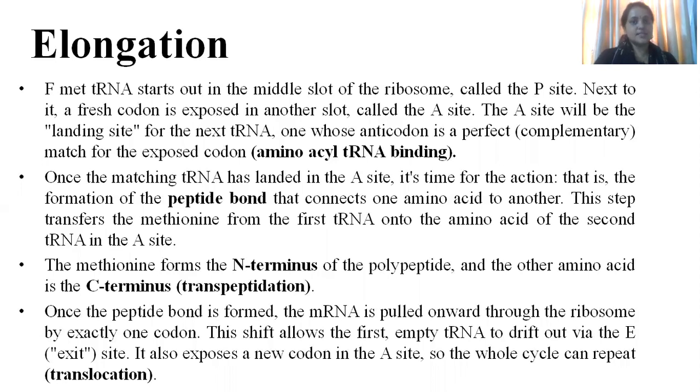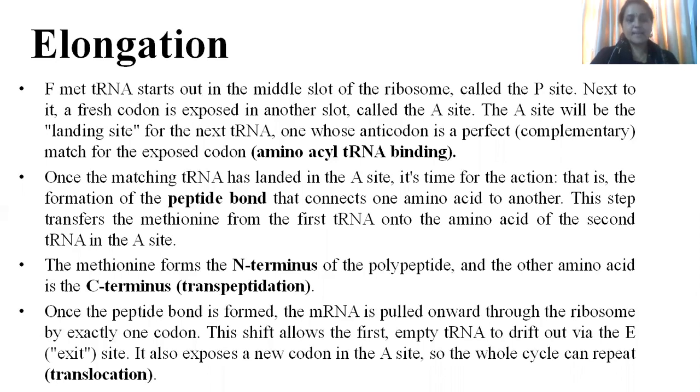So first the P site and then the A site. A fresh codon is exposed in another slot, and that is known as the A site. The A site will be the landing site for the next tRNA, the one whose anticodon is perfect, meaning complementary to the codon. And that is known as aminoacyl tRNA binding.